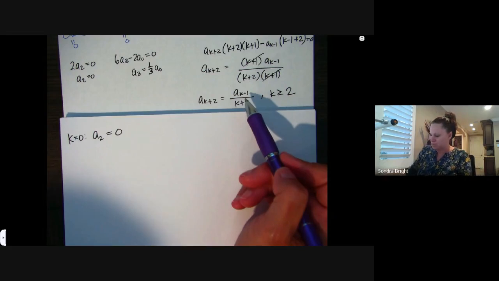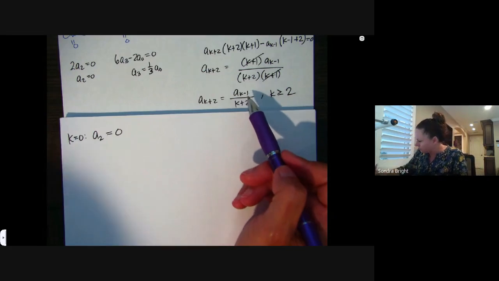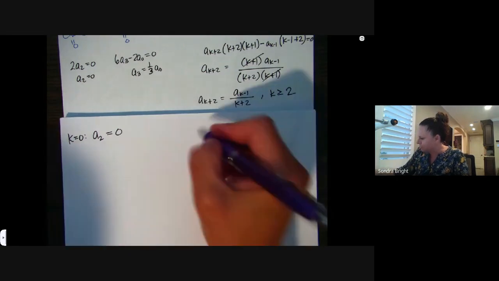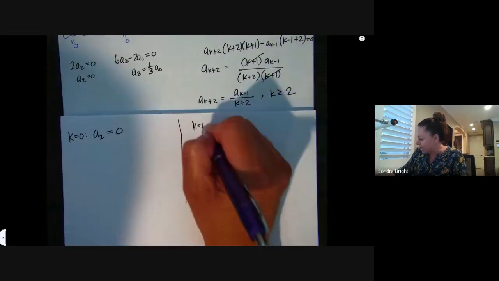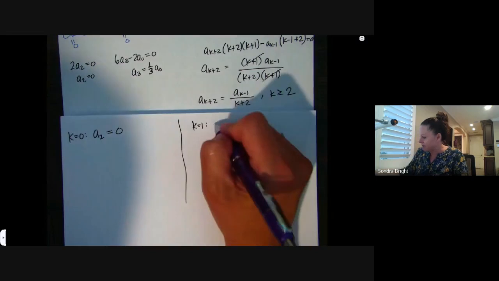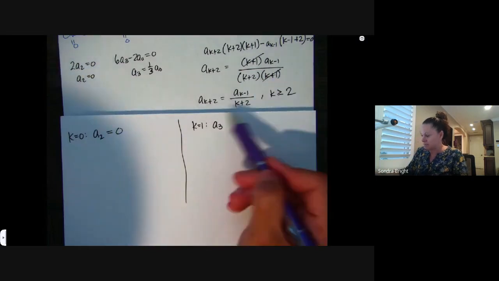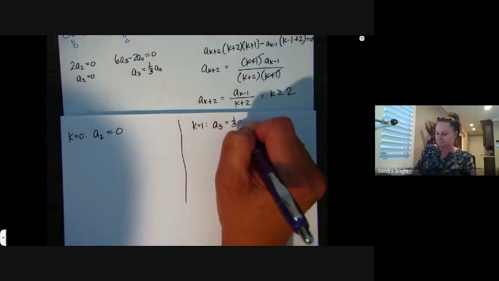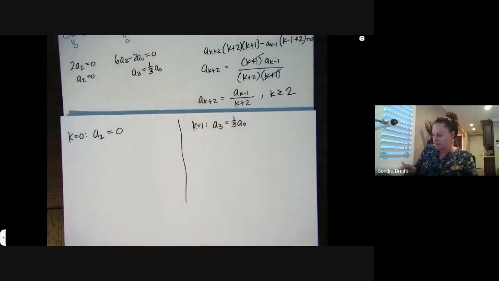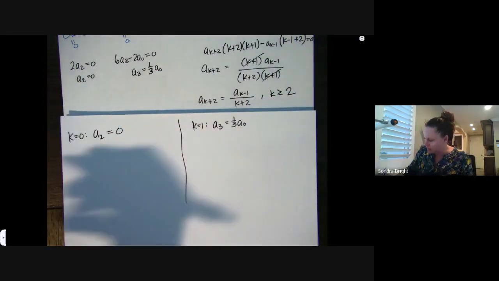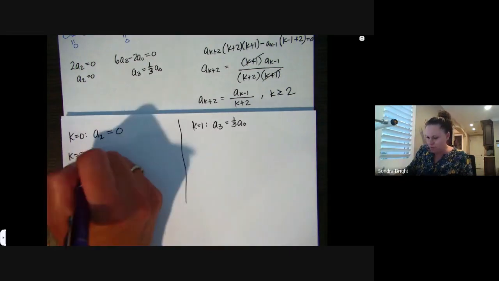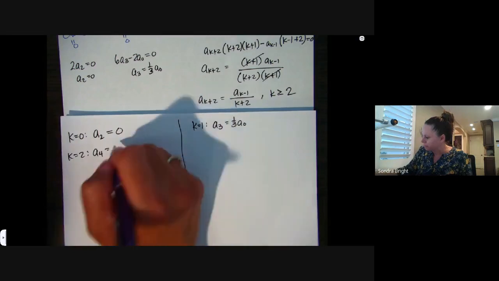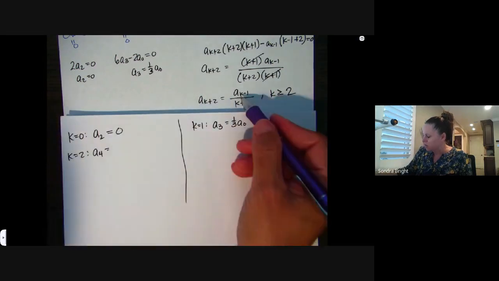So a2 is 0. For the odds, when k equals 1, you'll have a3, and you'll see it matches this, that it's equal to 1/3 a naught. All right, when k equals 2, you'll get a4 is equal to a1 over 4.